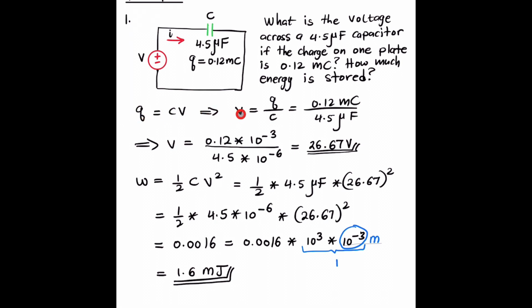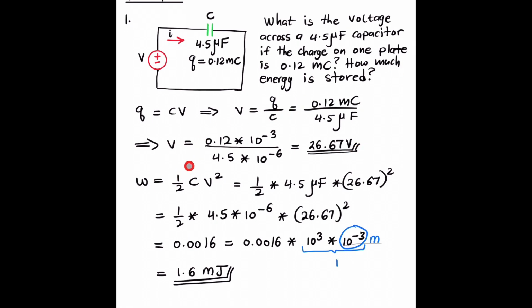This implies that V equals Q divided by C, and C is 4.5 microfarad. We just plug in the numbers, and we get 26.67 volts.